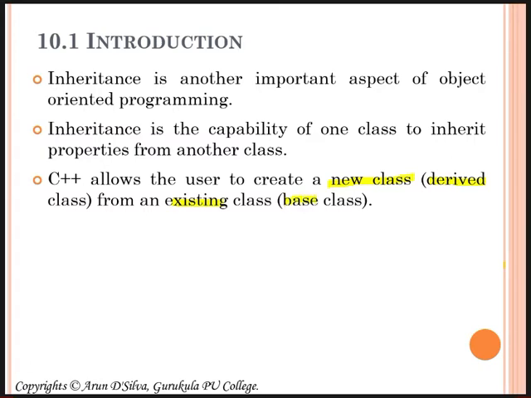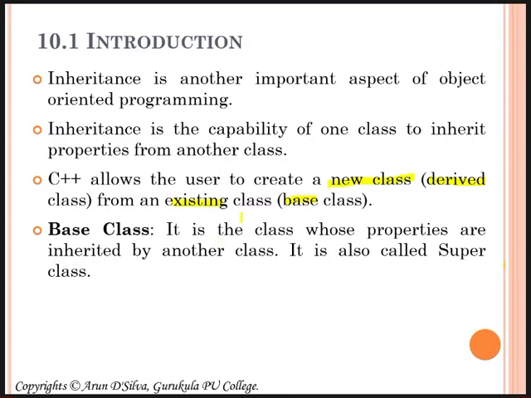So while creating the new class, which I am calling the derived class, I can make use of the properties of the existing class, that is the base class. Now what is a base class? A base class is the class whose properties are inherited by another class. That is called a base class.